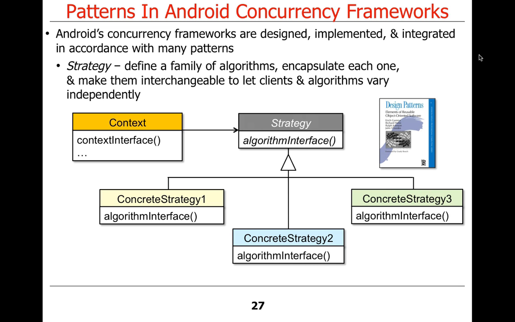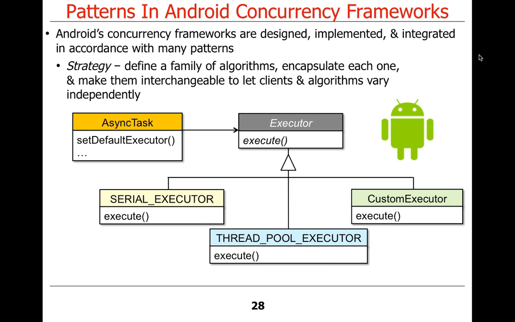Strategy. Hopefully you remember strategy. Strategy allows you to have an algorithm with a sequence of steps, and you can plug and play the implementations of those steps. It's kind of like a more dynamically bound version of template method. And this gets used, as we'll see in much more detail later, with the Android AsyncTask framework, where you can go ahead and set the appropriate type of executor. And when you call execute, then the right thing will take place to process the work.